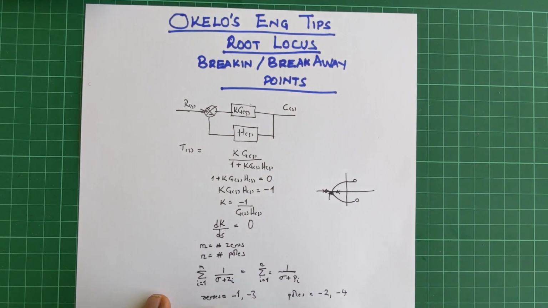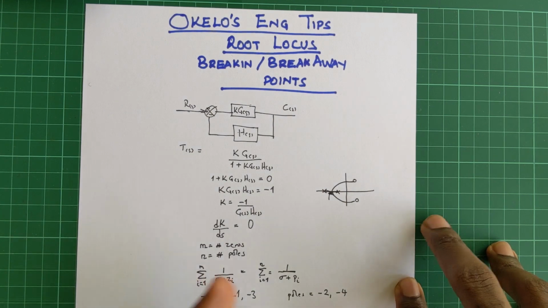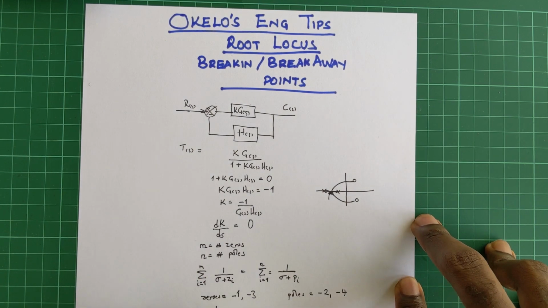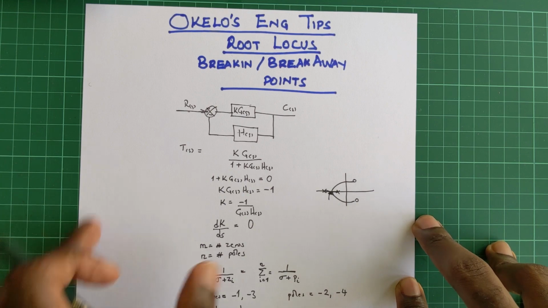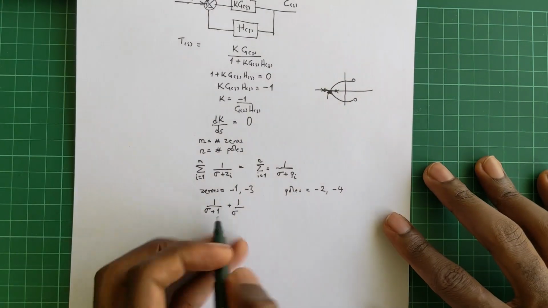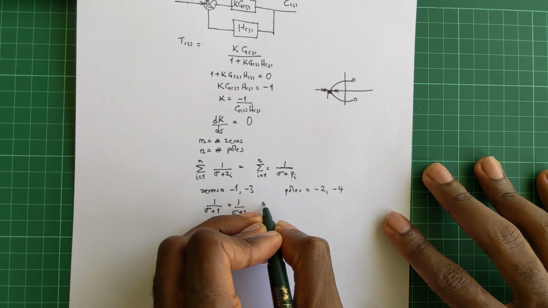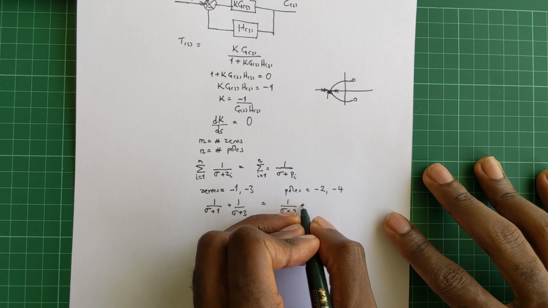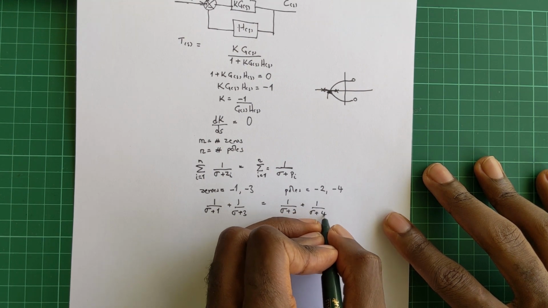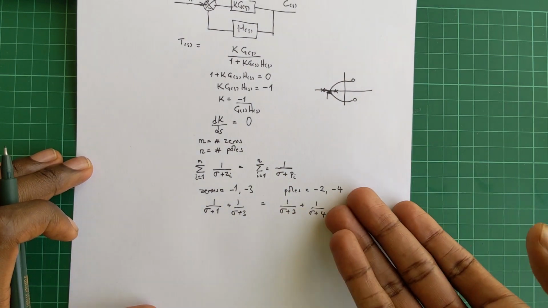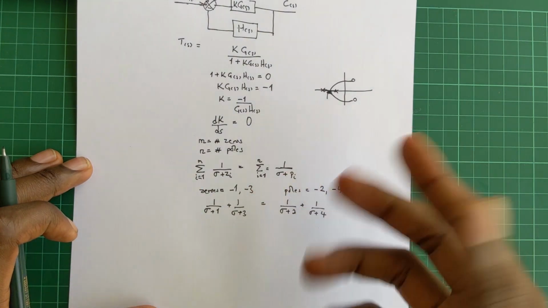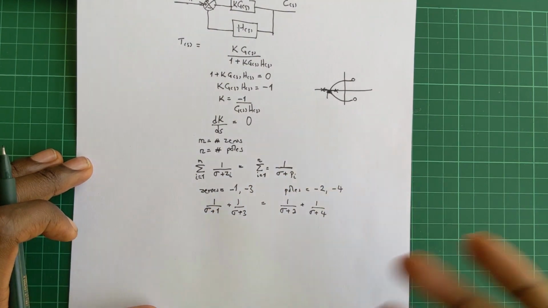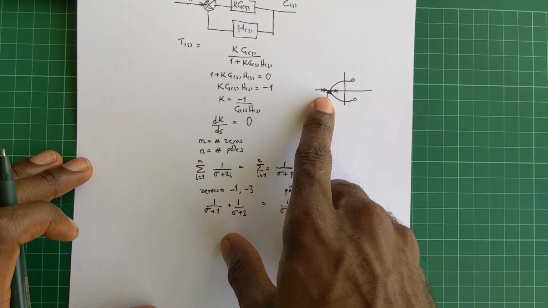When you're writing this equation, it would actually look like 1 over sigma plus 1, so it's the negative of the zeros, plus 1 over sigma plus 3, and then you equate it to 1 over sigma plus 2, plus 1 over sigma plus 4. And then you proceed to solve this equation for sigma, and whatever sigma you get, you can use it to figure out what your breaking point is.